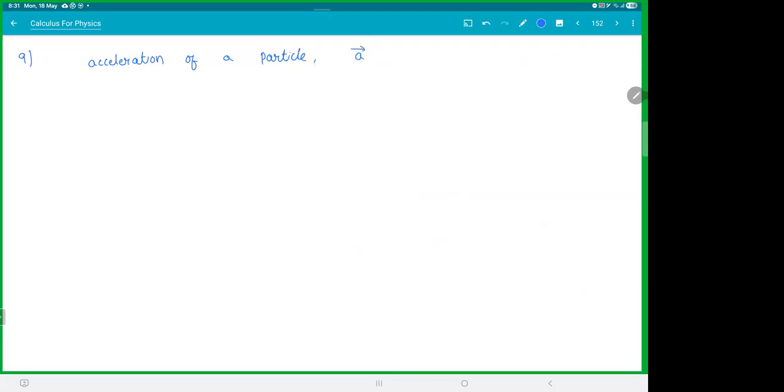Acceleration of a particle, a bar. So now we are doing the same thing, integration, but this time in vectors. Let's say it is given by t i cap plus j cap. Initial velocity is u bar, which is 2i plus j.